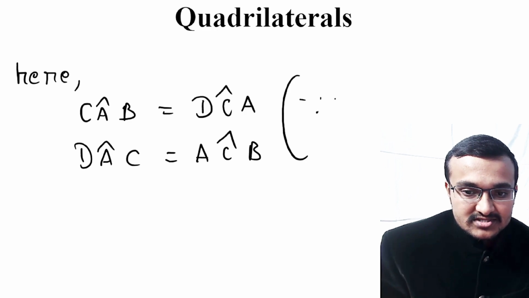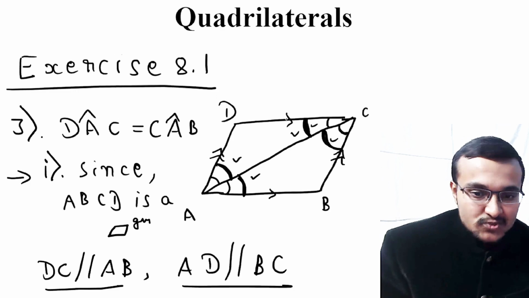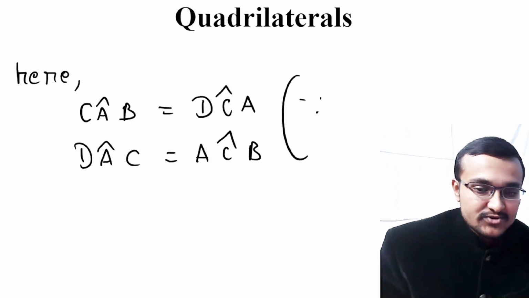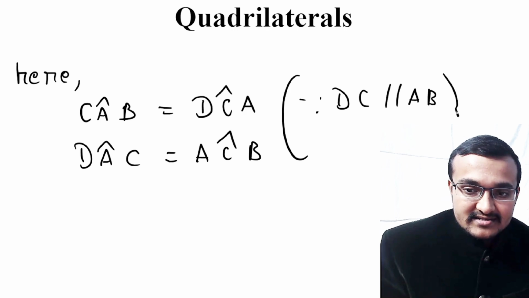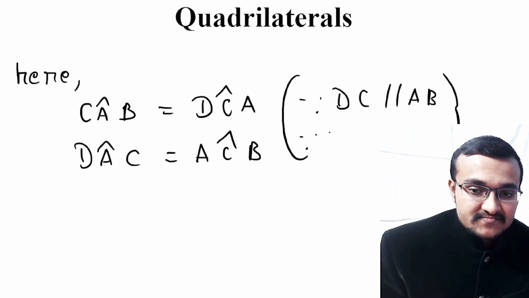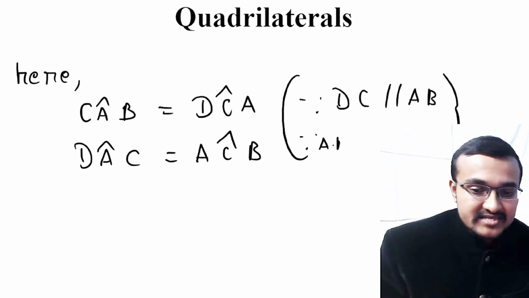The first one is because these two lines are parallel, that is DC is parallel to AB, and the second one is because the line AD is parallel to BC.